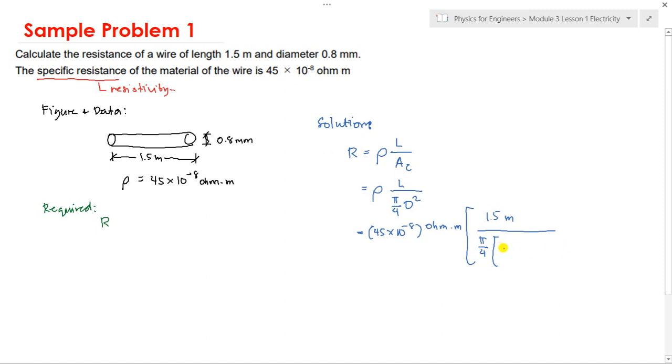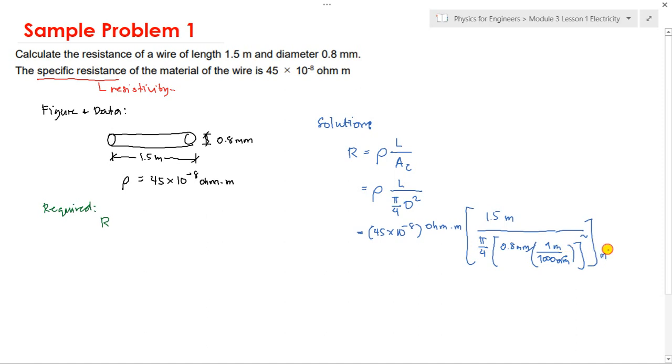So I convert na to into meters so that we have a consistent unit. So we have here 0.8 mm. We all know that 1000 millimeter is 1 meter. Then we're going to square this. So here, ma-cancel din siya. What's left is meters.